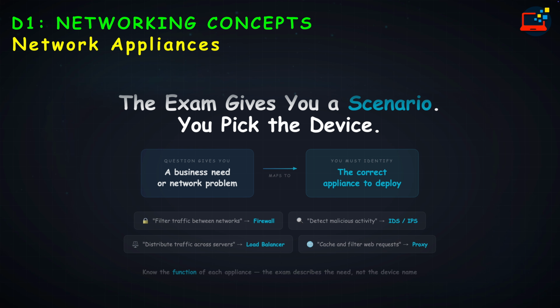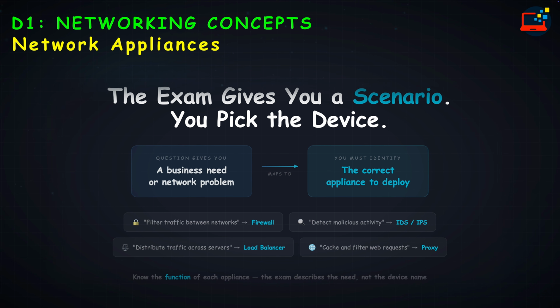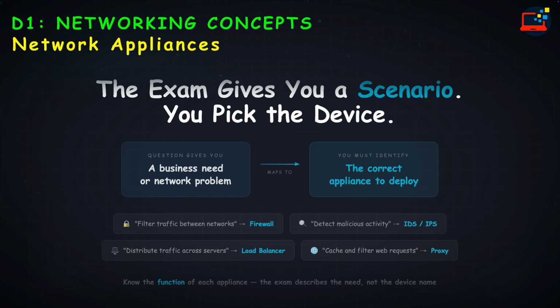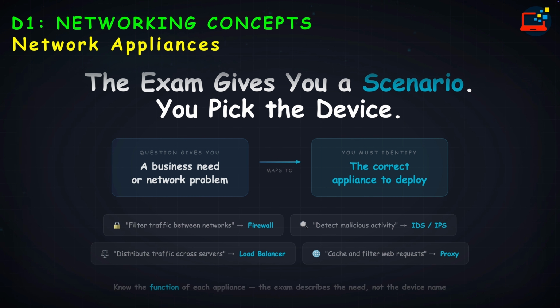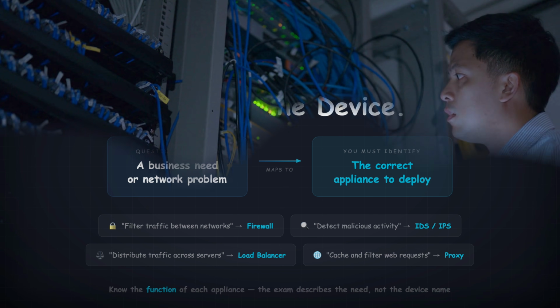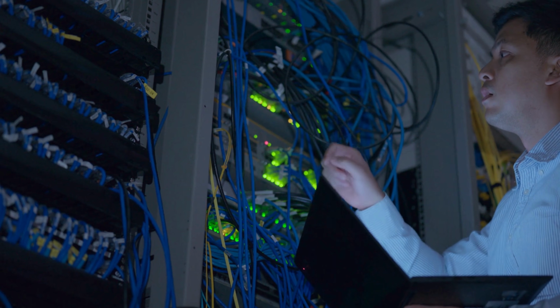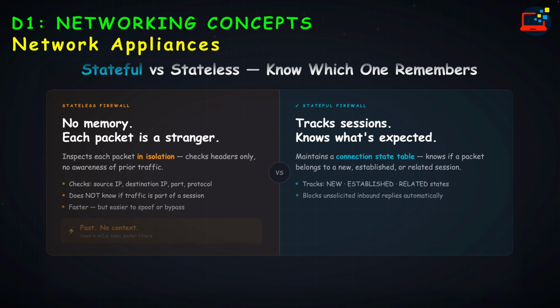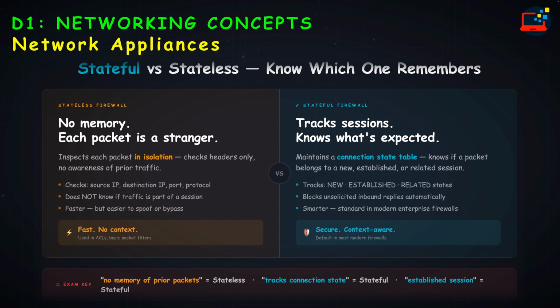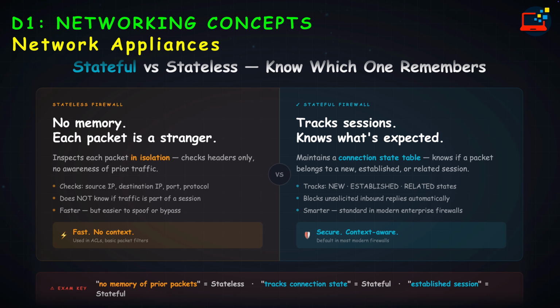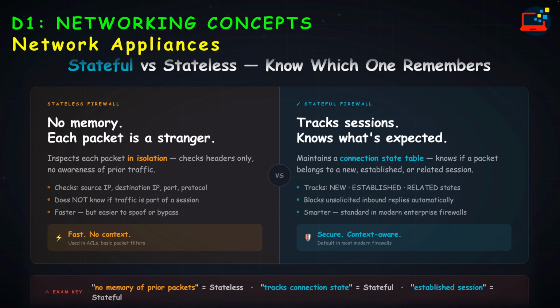Network appliances each have a specific function, and the exam will describe a business need and ask which device to deploy. A firewall filters traffic based on rules. A stateful firewall tracks connection state and knows whether traffic is part of an established session. A stateless firewall only checks individual packet headers with no memory of prior packets.